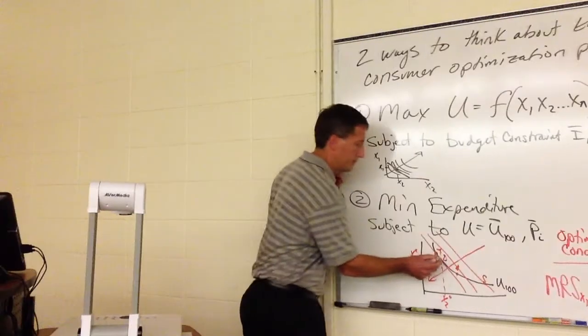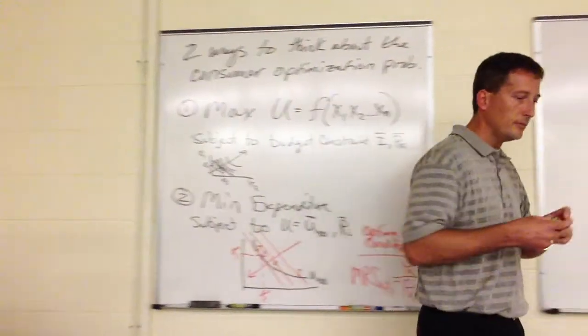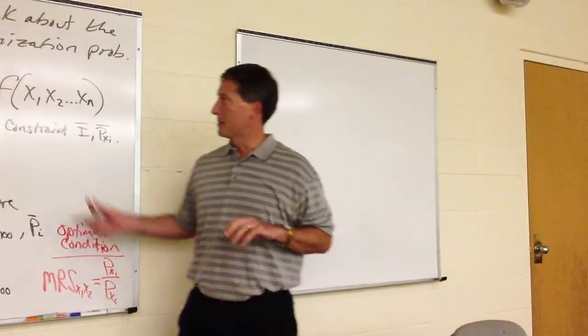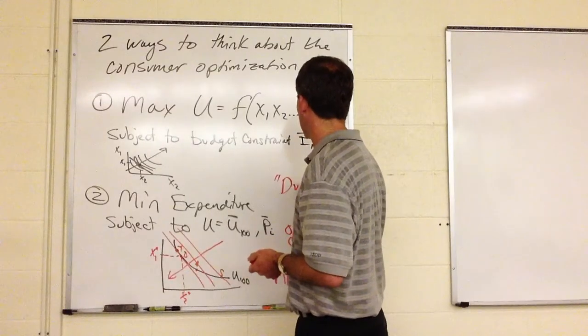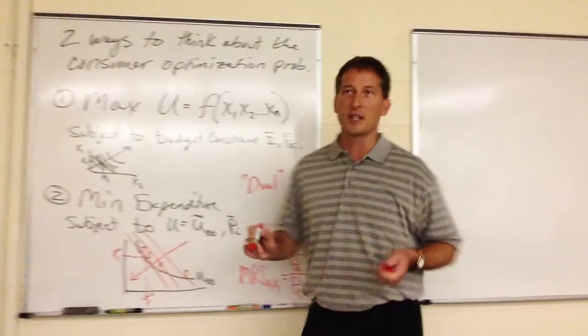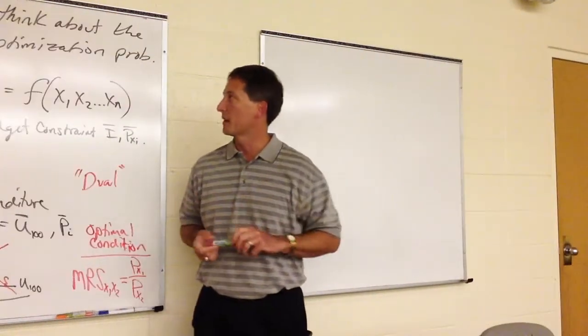The tangent point. So we get to the same spot we did before. So that's sometimes known as the dual to the consumer optimization problem, the dual problem. It's like the mirror image, like we're really doing the same thing, we're just approaching it a little differently.